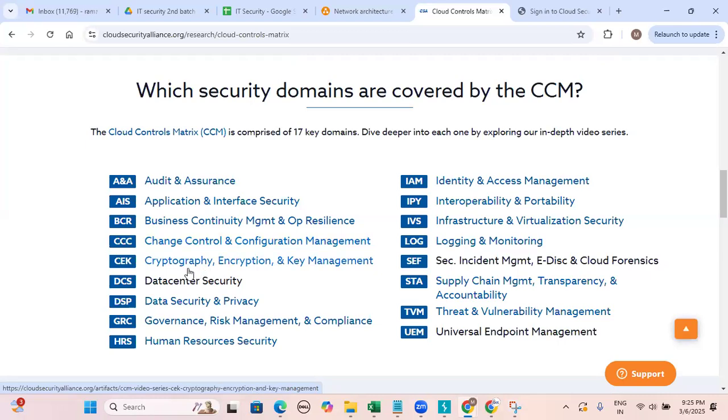Cryptography, encryption, key management. It's very, very important. Already we discussed cryptography under the application security side: asymmetric, symmetric, public key infrastructure, hybrid cryptography, SSL/TLS certificates, integrity, digital certificates, all those.